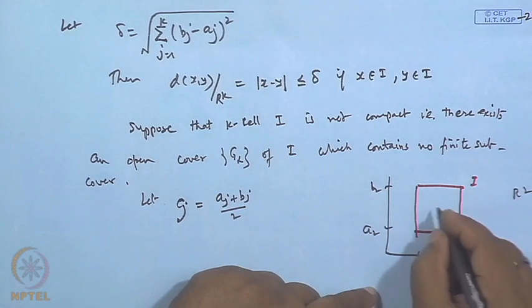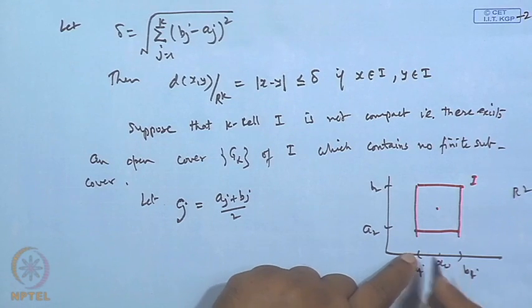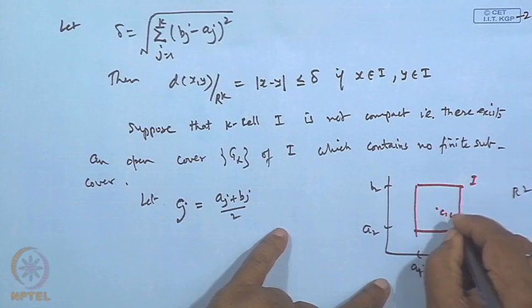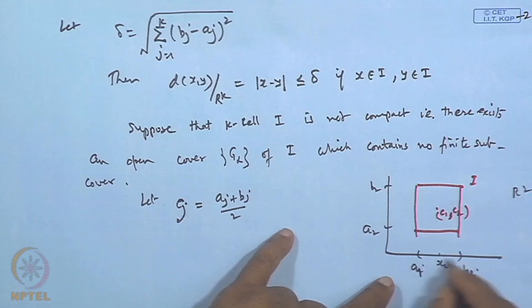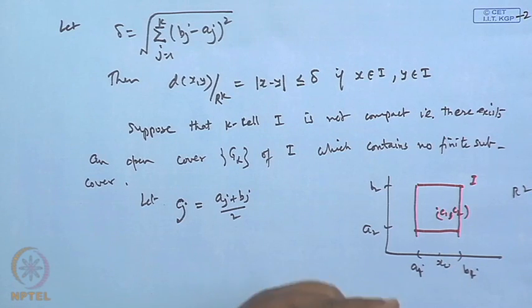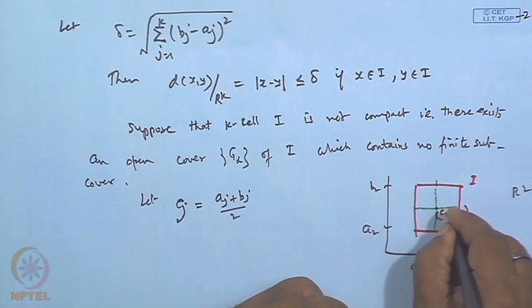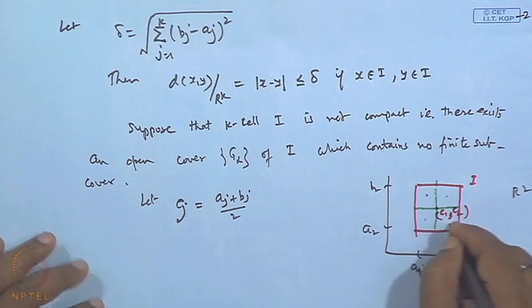So, what we are doing, we are taking a point here, which is the point (c_1, c_2). c_1 is the middle point of this, and c_2 of this. Once you take the point, it will divide this whole I in R^2 into 4 parts. This will be one cell, the other cell like this.